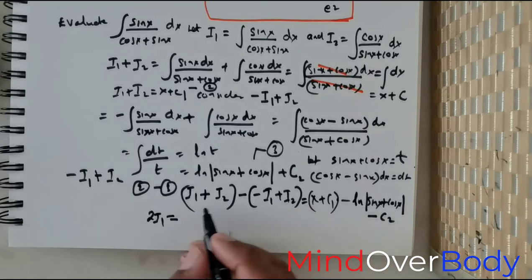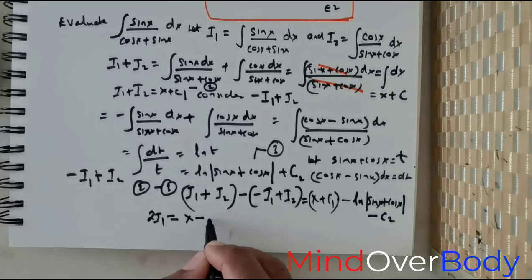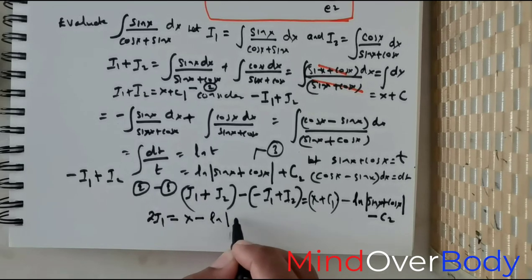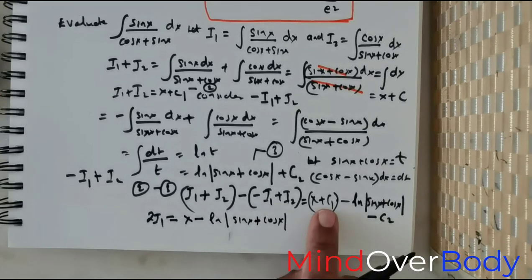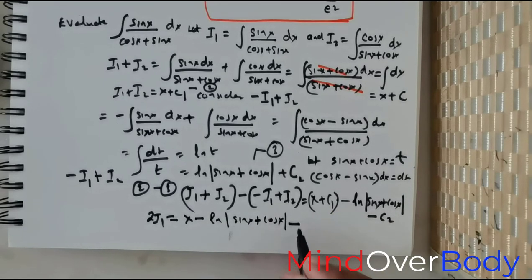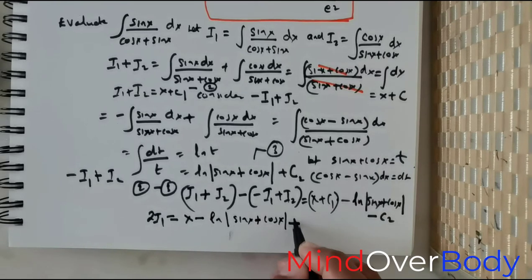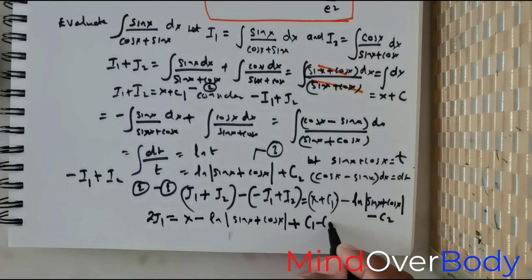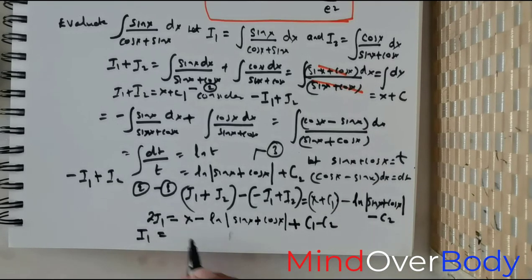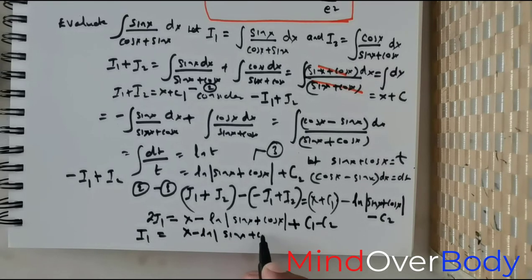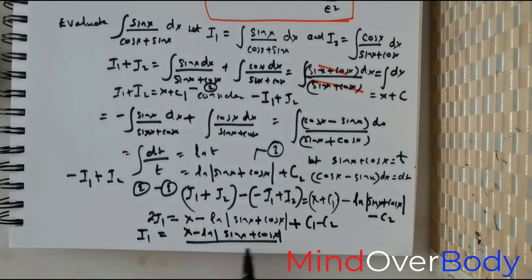So we now have x minus ln of the modulus of sin x + cos x, plus c1 minus c2. I need only I1, which is x minus ln of sin x + cos x, divided by 2, plus (c1 - c2) divided by 2.